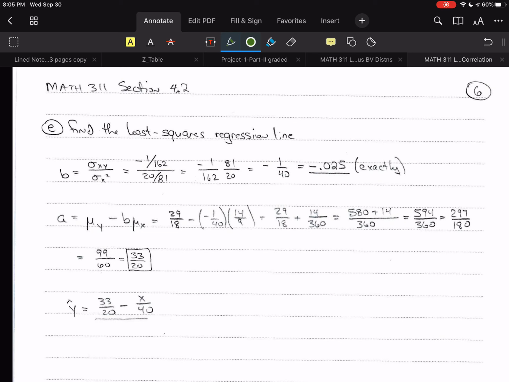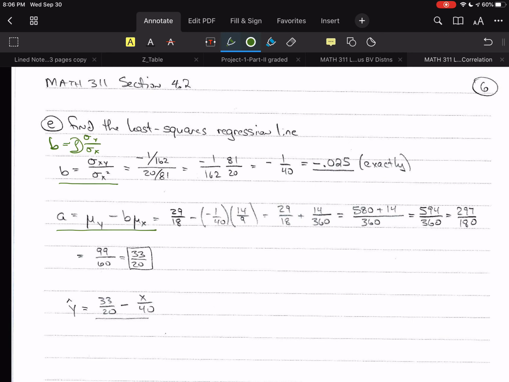To do that, the first thing we need to compute is b, because we can't compute a until we have b computed. So we have to do b first. Again, I could have written this as b equals rho sigma y over sigma x, but that seems to be more complex, especially since rho is not a nice value.